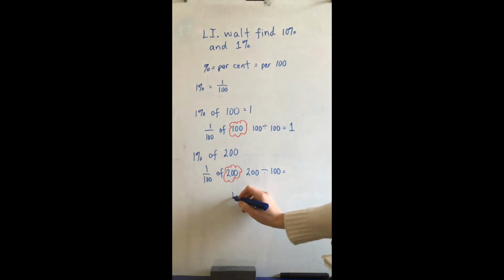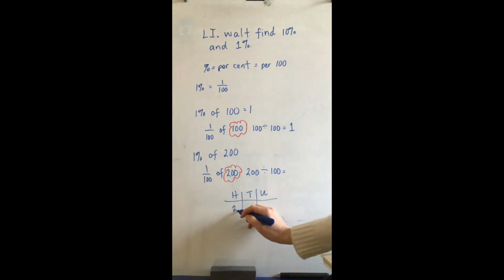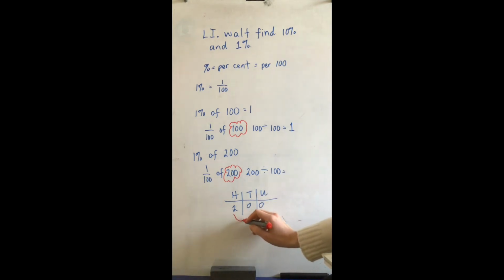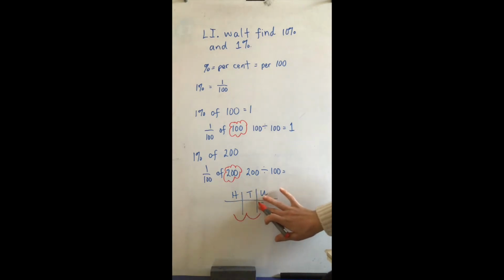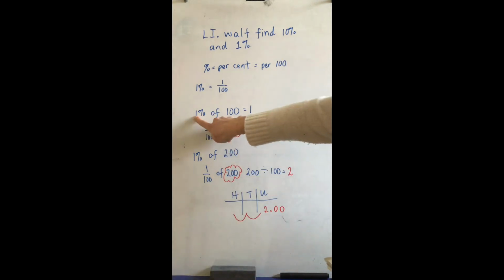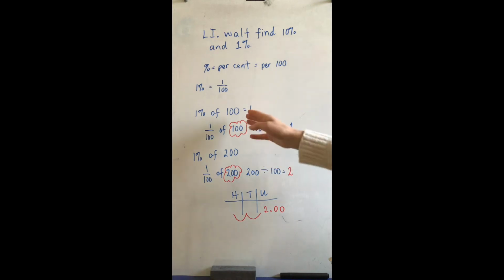If we had our hundreds, tens, and units columns, and we had 200 and wanted to divide by 100, we'd just be moving everything over 2 columns. So I'd move the 2 over into the units, and those zeros would go after the decimal place, so we'd end up with 2. Finding 1% of anything, all we're doing is dividing by 100.